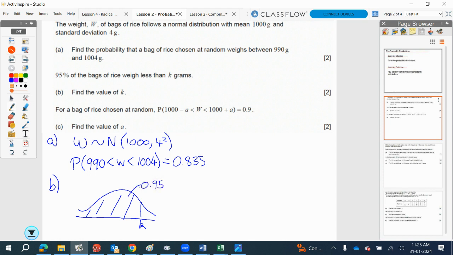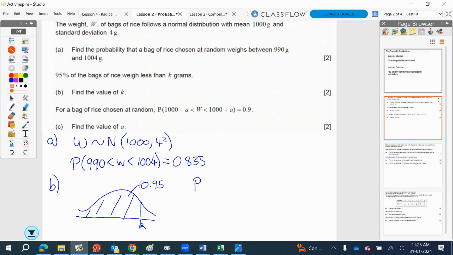Remember when you do the inverse normal, it's always the left tail. So if you have an inverse normal which is greater than a certain value, you have to switch it, 1 minus. We all follow that one? It's the left tail always.